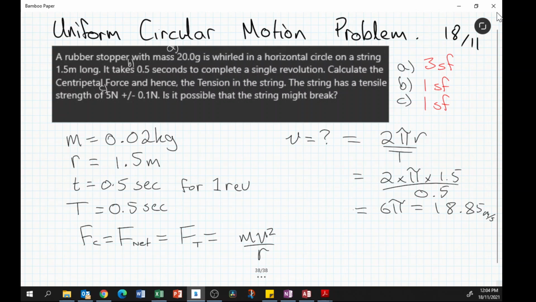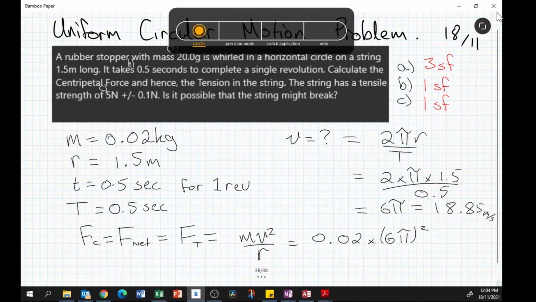What now? Why did I need V? Net force equals, what's my mass? 0.02 times 6 pi squared. Welcome to work with pi, yeah? Use it as a number if you want, use it as a symbol, I don't mind.